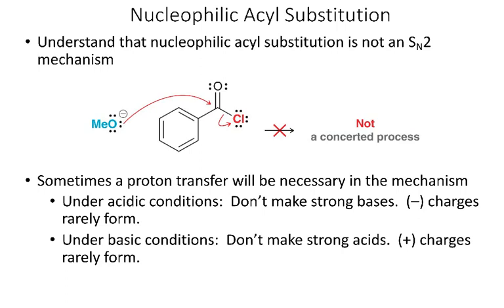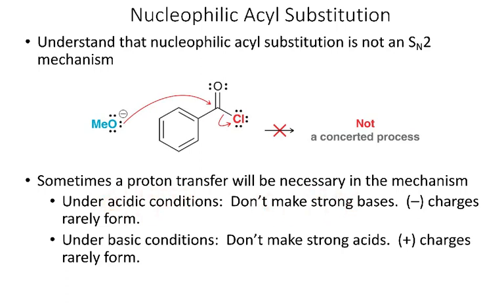So I think what's important to remember is that under acidic conditions, don't make strong bases, right? We talked about this last chapter when we talked about drawing mechanisms. We can't have acids and strong bases present at the same time. And so if we have acidic conditions, we can't make strong bases.